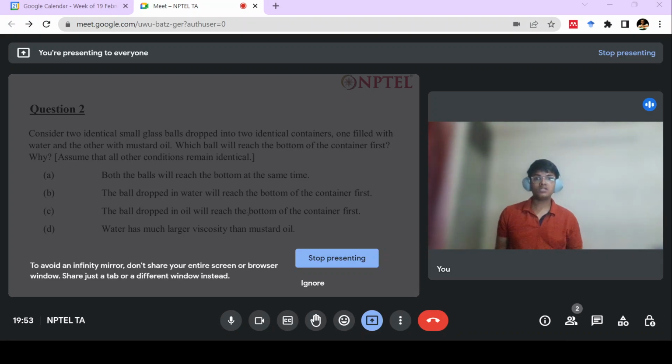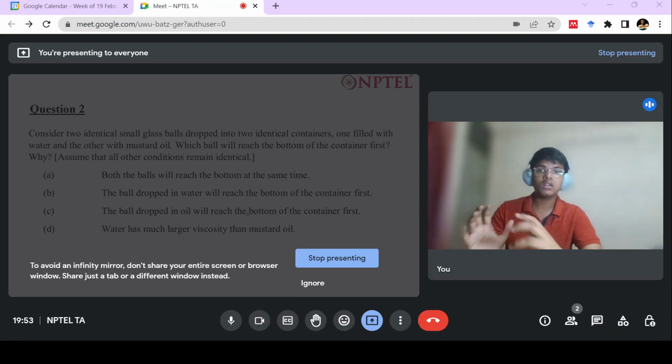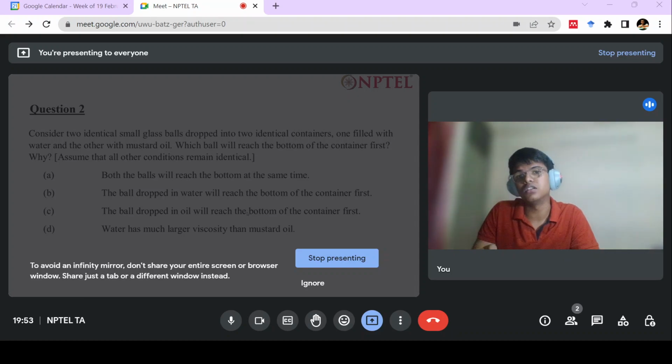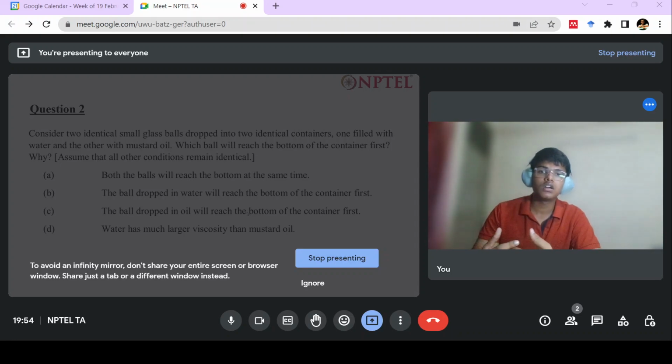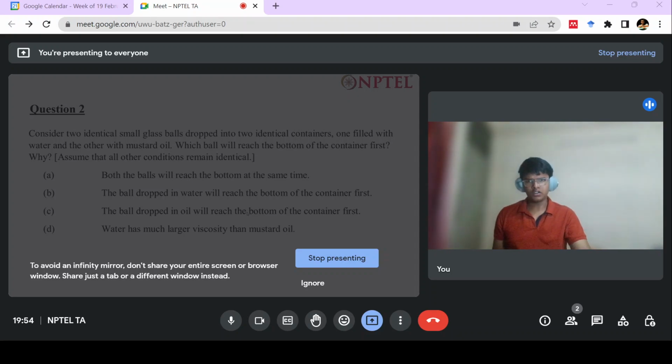It will not be, because there is fluid friction involved. One is falling inside water and another inside mustard. So there must be some property of these fluids which is influencing their fall time. What is it? That is viscosity, the friction that the fluid imparts on the two balls. So the first option is definitely not true.